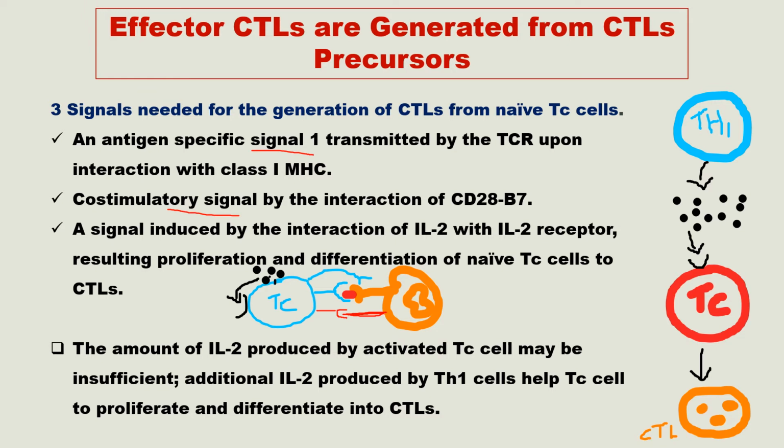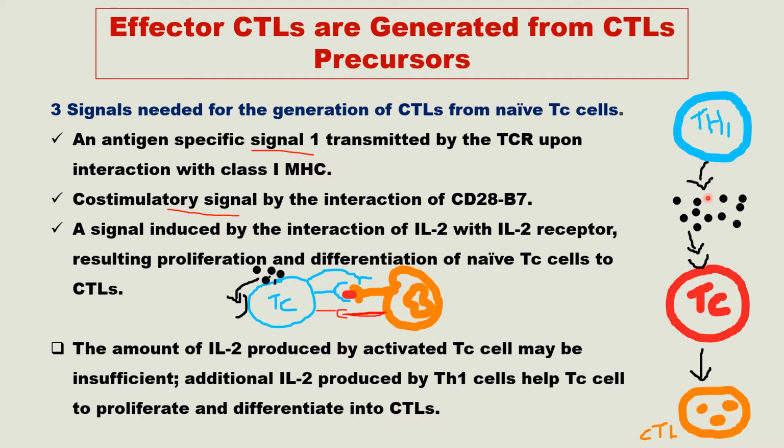Sometimes the interleukin 2 produced by these TC cells may be insufficient. It may be sufficient for the activation of memory TC cells, but sometimes it is insufficient for the activation of naive TC cells. At that time, our T helper cell 1 plays an important role and provides additional interleukin 2 to the TC cell, and that acts as a paracrine signal.